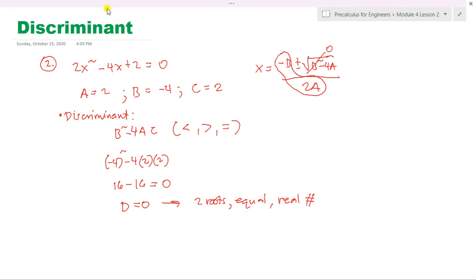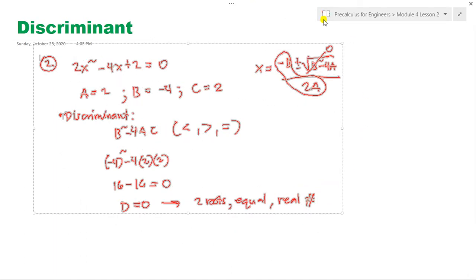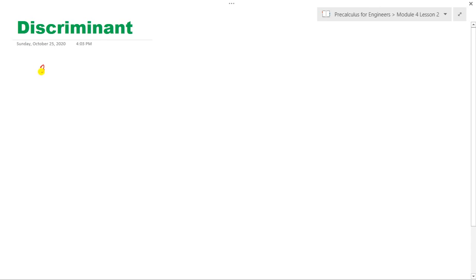So let's try the last example. Let's say you are given 2x squared minus 4x plus 3 is equal to 0. Let the coefficients be a is equal to 2, b is equal to negative 4, and c is equal to 3.